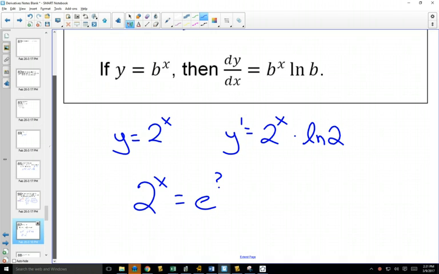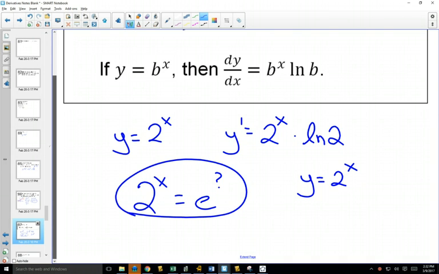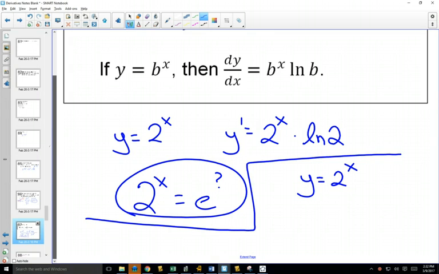How would we go about doing that? Well, I'm going to start with y is equal to 2 to the x. And this would work with any base. So you could do this generally with b to the x, but I sometimes find that using numbers helps people see things better. This is our goal. Our goal is to write 2 to the x as e to the something. And then I'll show you how that works from there.